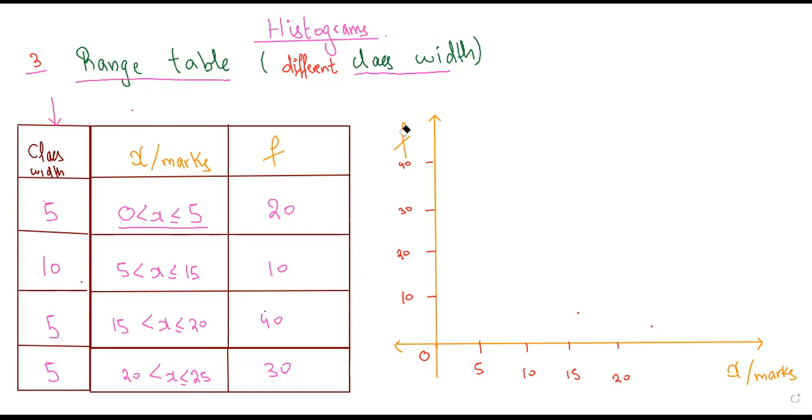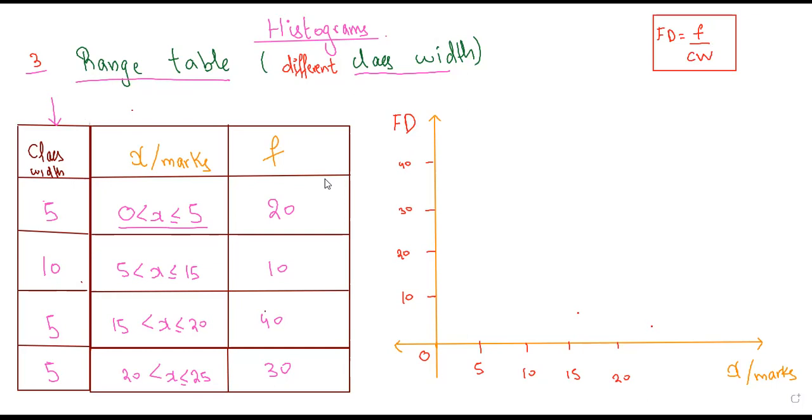First change would be that now on the y-axis, you are not going to keep frequency, you will keep frequency density. Now, what exactly is frequency density? I'll write it down here. So, frequency density is basically the ratio of frequency by class width.